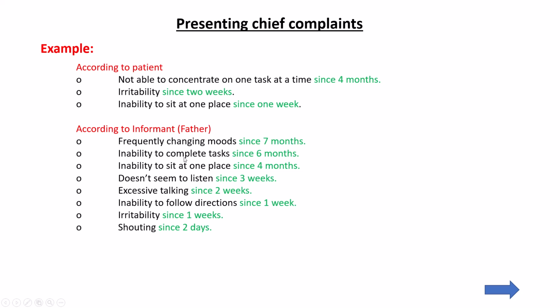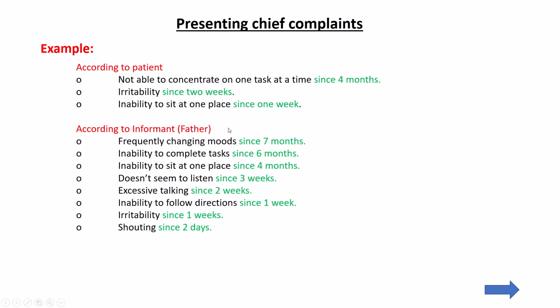Inability to complete tasks since 6 months. The patient also felt he couldn't concentrate for 4 months. The father says that since 6 months he hasn't been able to do anything regarding any work or task. So inability to complete tasks, 6 months. After that, what happened? Inability to sit at one place.